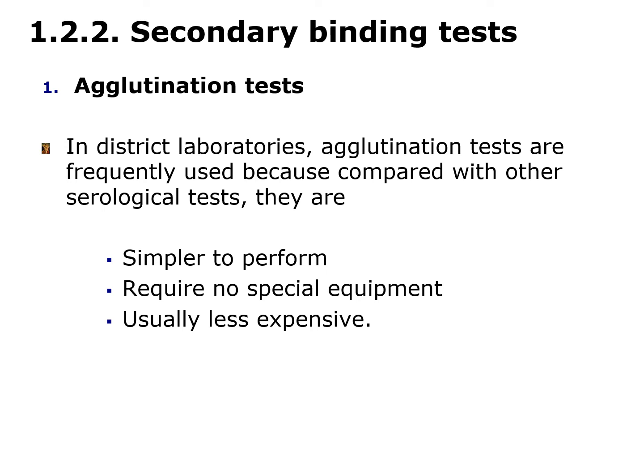They are frequently used in the laboratories because they are simpler to perform. They don't require special equipment, no need for any readers, and they are less expensive. Usually they come in the form of manufactured kits.